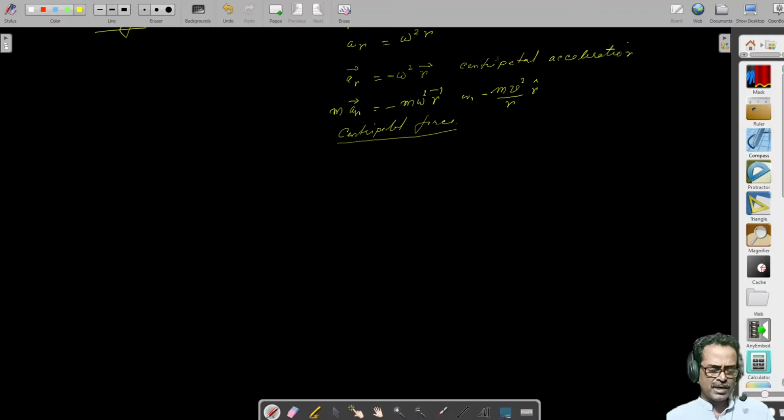In the case of a circular reference frame, there is an acceleration along the center.